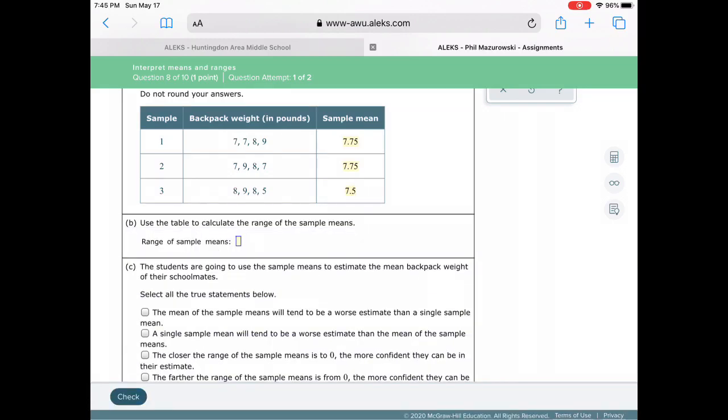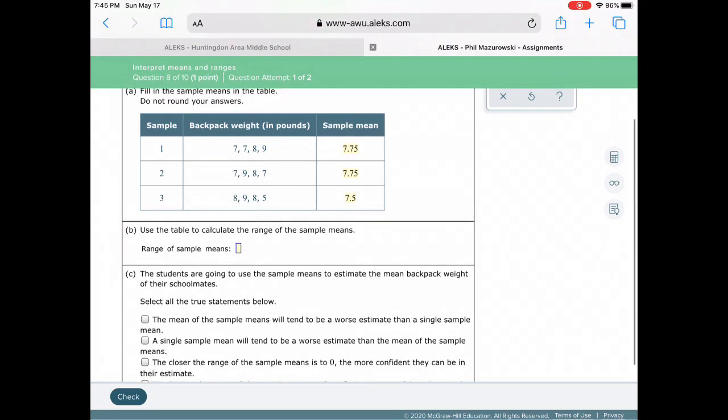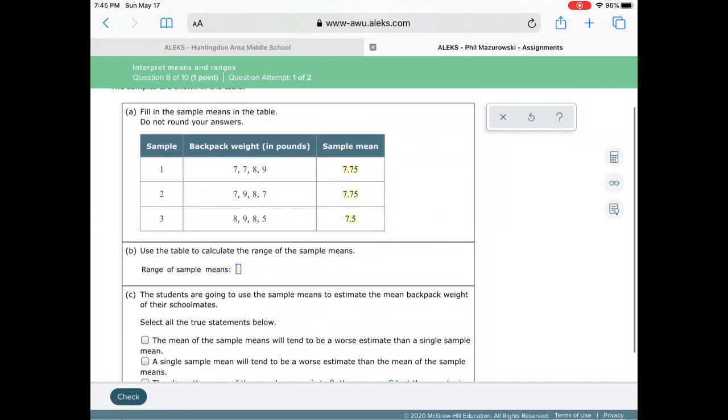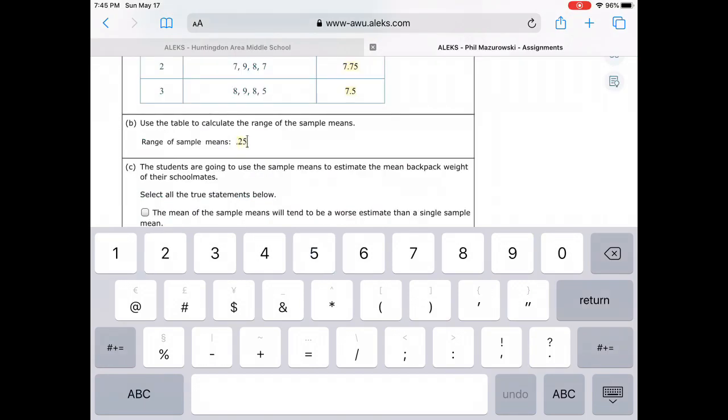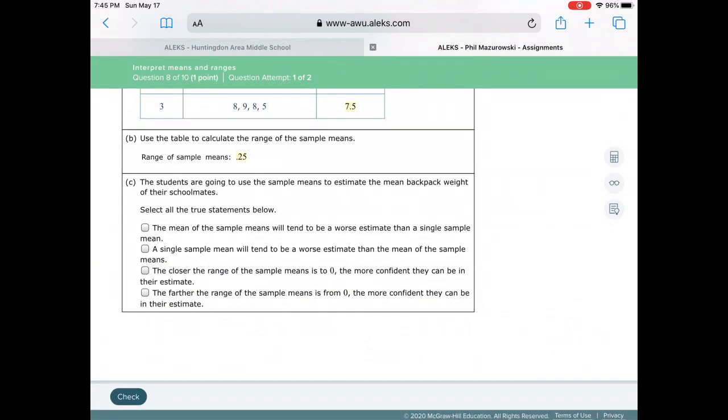Now, here's where this gets interesting. The range of the sample means. So the range here, the highest is 7.75, the lowest is 7.5. So the range of those is only 0.25. So only a quarter of a pound. So what does that mean? All right, if it's only a quarter of a pound, that means there's not a lot of variability.